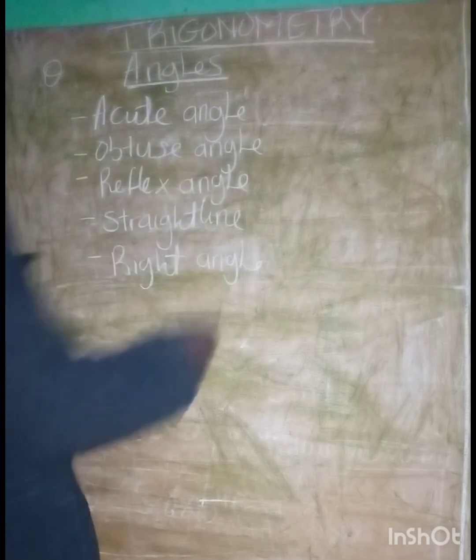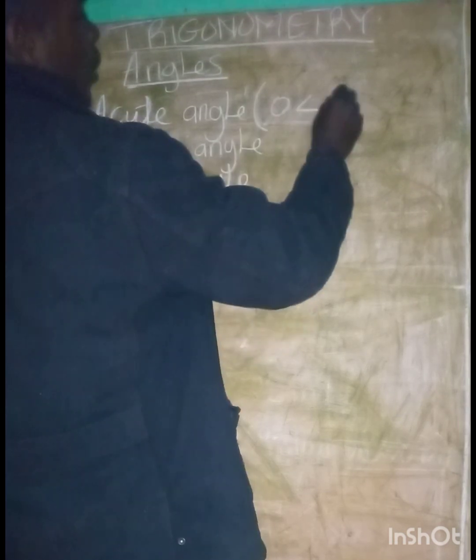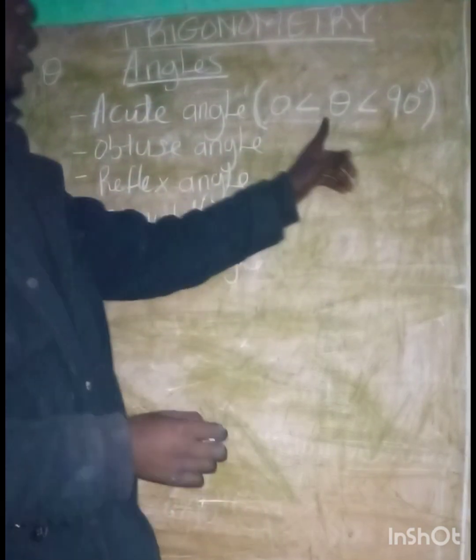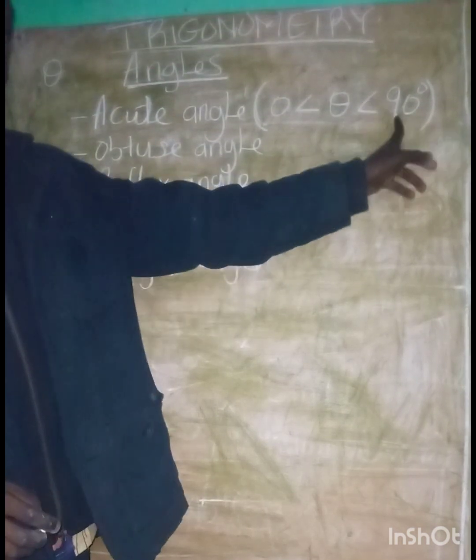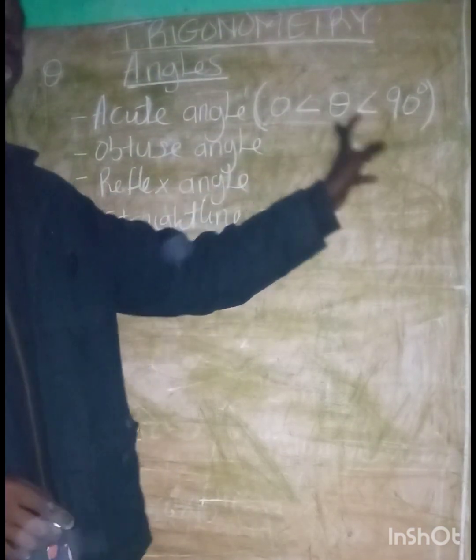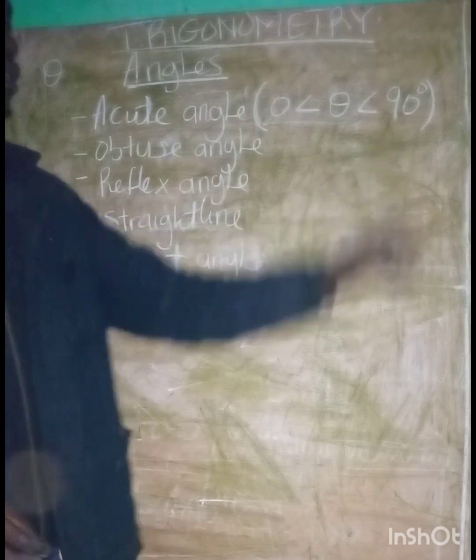An acute angle is such that 0 is less than theta, which is less than 90 degrees. Please keep in mind, an acute angle is not 0 degrees, it is not 90 degrees, but rather it is between 0 and 90.